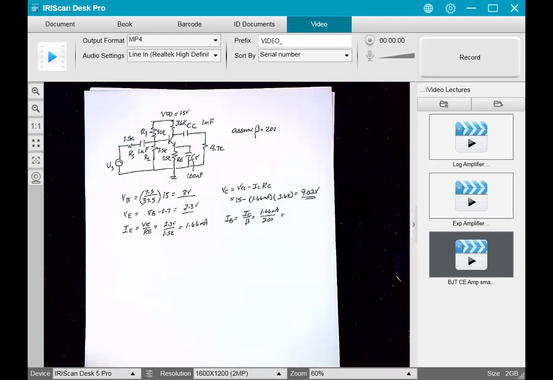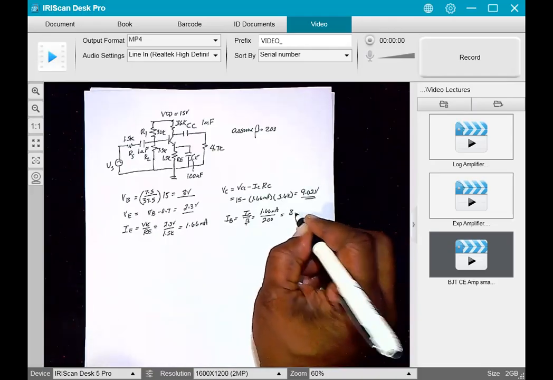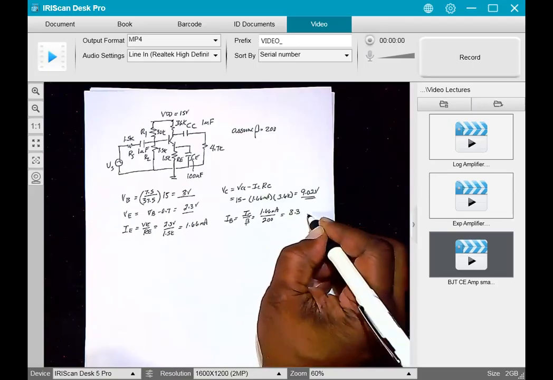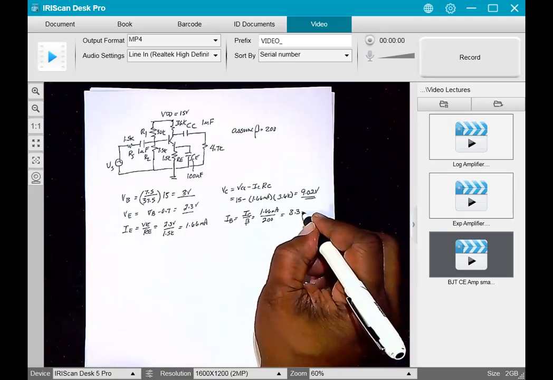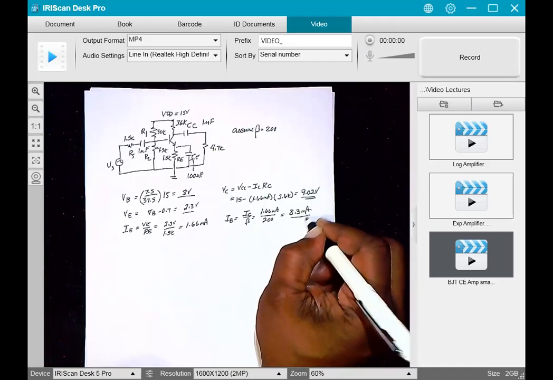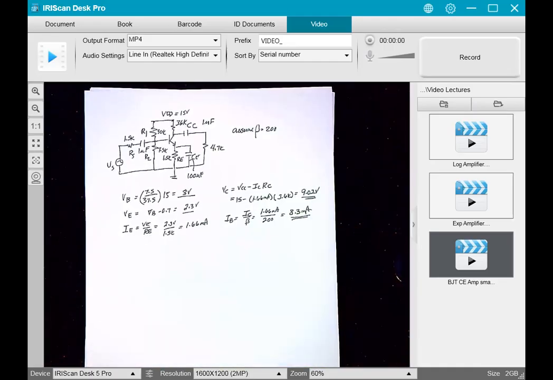I got 0.0083. In engineering notation, that would be 8.3, milliamps. Excellent. So there are all our currents and all of our voltages.